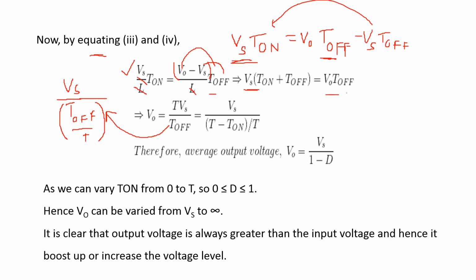From this equation we can write the expression for V0. T on plus T off is nothing but the total time T, so V0 is equal to T into Vs by T off.